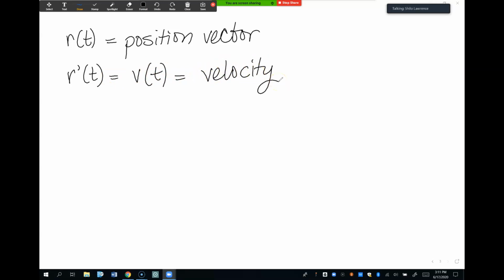How fast it's either moving in a straight line or changing direction. Both of those are encompassed within velocity. We could also do the second derivative, which is the equivalent of taking the first derivative of velocity, and what that gives us is acceleration for our particle.